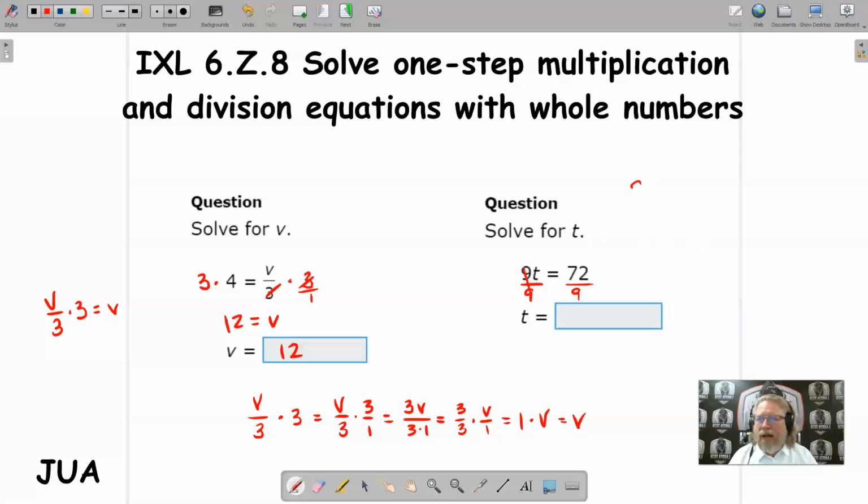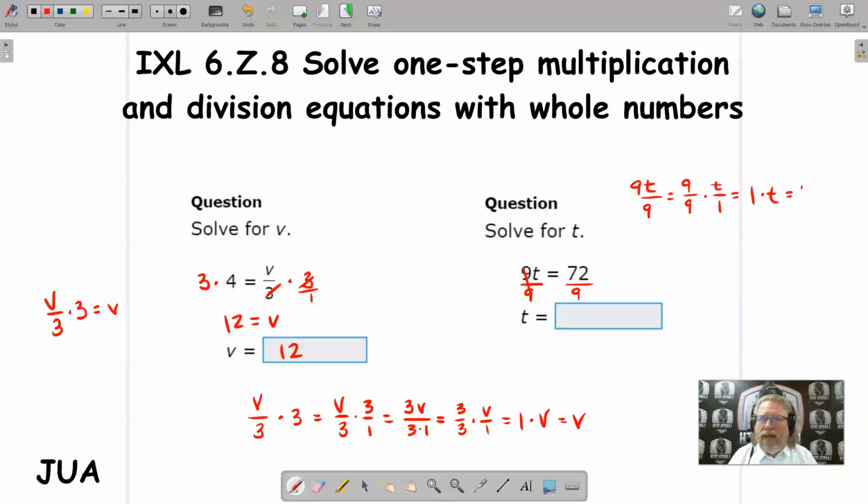So let's look at how 9t over 9 ends up equaling just t. Well, I could write this as 9 over 9 times t over 1. So I've just done this. This is like putting 2 fractions together, and now we're taking the 2 fractions apart. And now we have 9 over 9 equals 1. t over 1 equals t.